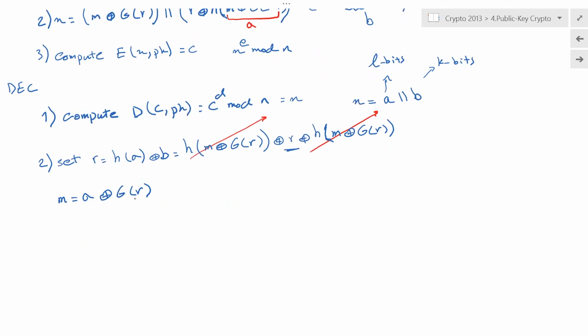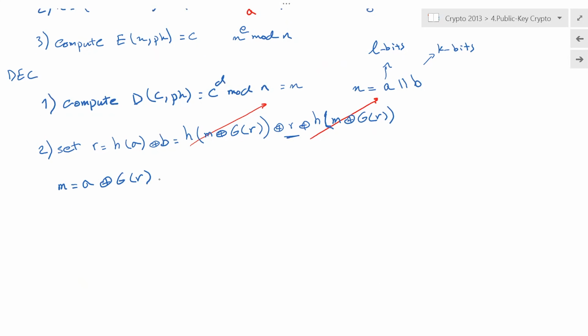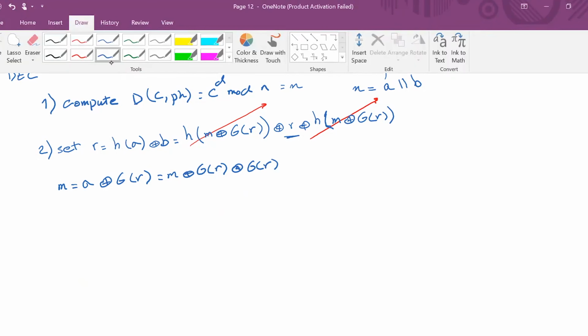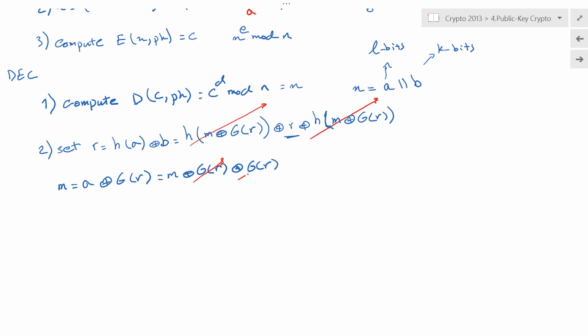Now I know R, so of course I can compute this one. So this whole thing equals m XOR with G of R, and then we XOR it again with G of R to cancel it. And you've seen that these two would also get canceled, and of course we would recover m. That's exactly what we were looking for.